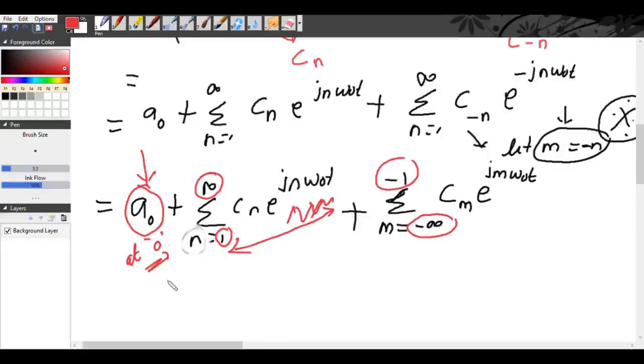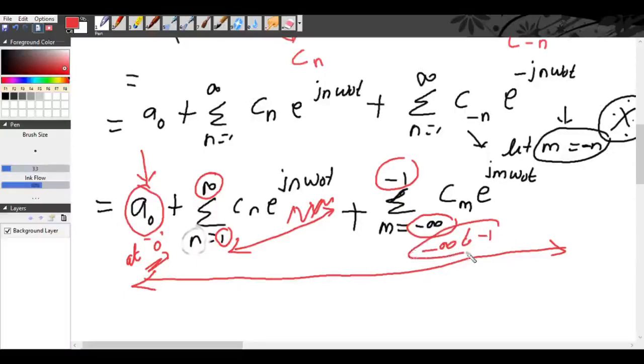So the entire spectrum is what I have displayed here. I'll repeat that. Look at this. This particular thing ranges from minus infinity to minus 1. What is ranging? These spectrum values have been ranged from minus infinity to minus 1. And exactly at origin, I have a naught.